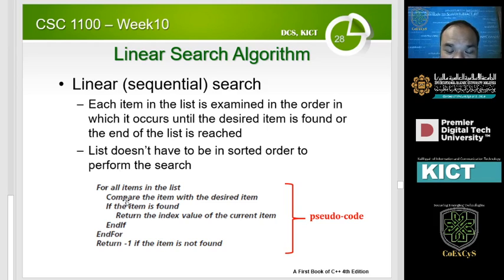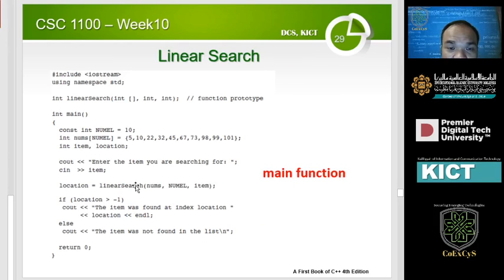So the idea is for all items, we compare the item with the desired item that we want, and keep on going within that loop, right. So this is a linear search algorithm, right. It works very simply. Basically we have a declaration of linear search here. This is our program, these are our numbers that are being initialized, right. So we enter a number that we're searching for, right, and then we use a linear search.